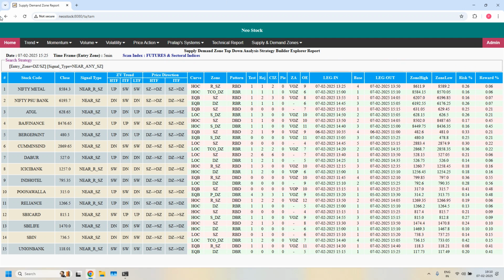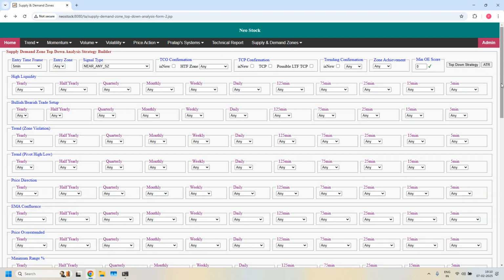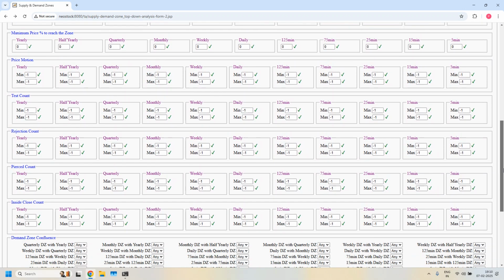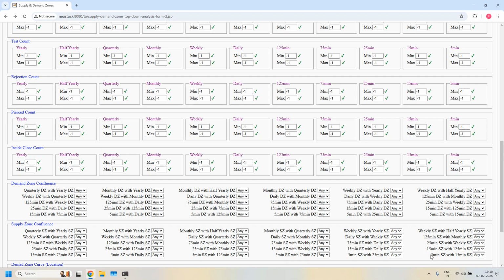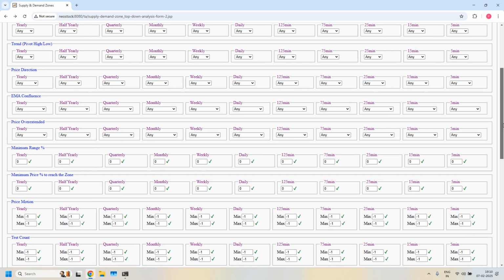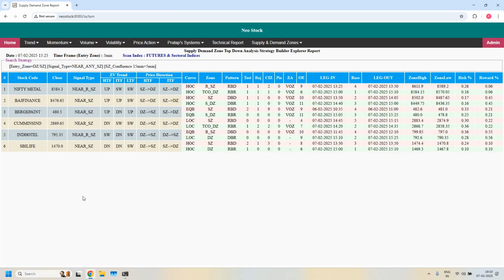Let us identify. So in the supply zone confluence, I am setting the filter 5 minute supply zone with 15 minute supply zone confluence. With this filter, the list has come down to 6 stocks. In all these 6 stocks, these 5 minute supply zones are overlapped with 15 minute supply zones.